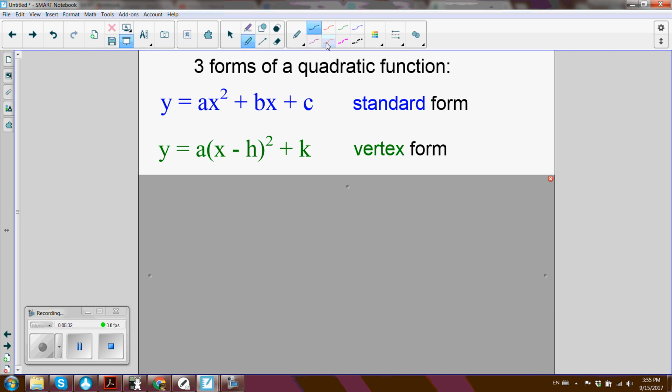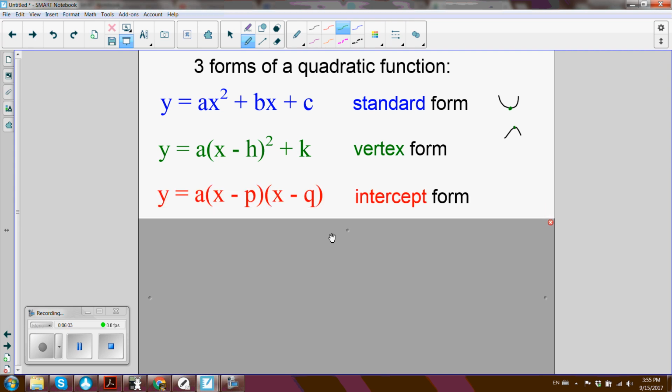If the parabola is opening upward, or if the parabola is opening downward, the vertex is that bottom point if it's opening up, or that top point if it's opening down. So when the function is written in this form, the vertex is included in the equation, essentially. Okay, I'll explain that in another video.